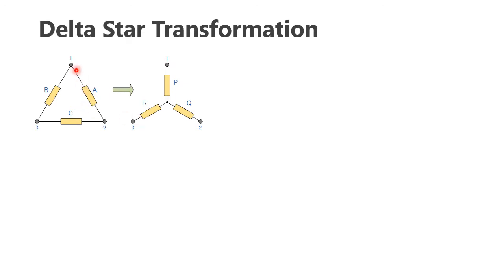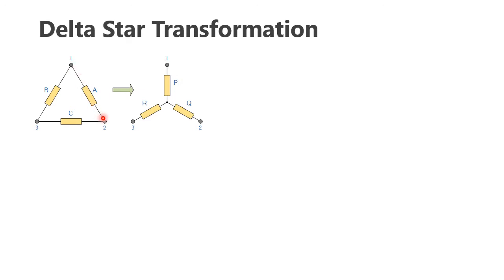Now we are going to connect the same points. For example, point number 1 is connected with point number 1, point number 2 is connected with point number 2, and point number 3 is connected with point number 3. Now we can get some mathematical relationships.